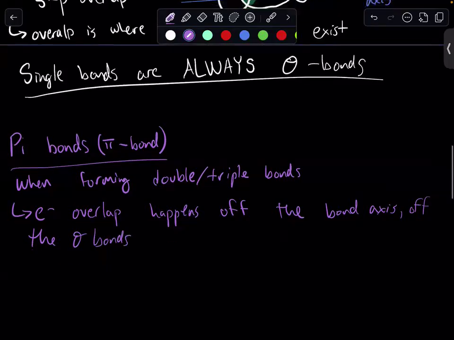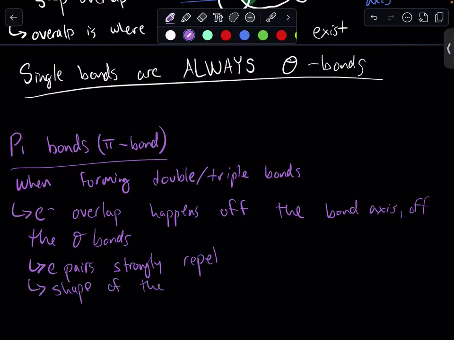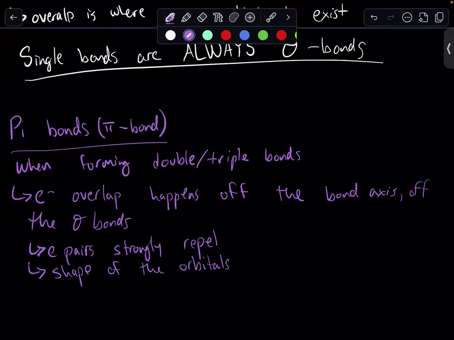And the reason this occurs is because our electron pairs strongly repel, as well as the shape of the orbitals. However, the shape of the orbitals is affected by the repulsion of the electron pairs, so it's a little one-to-one on that.